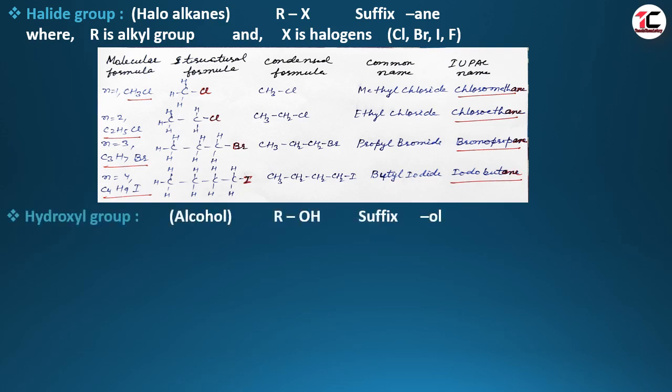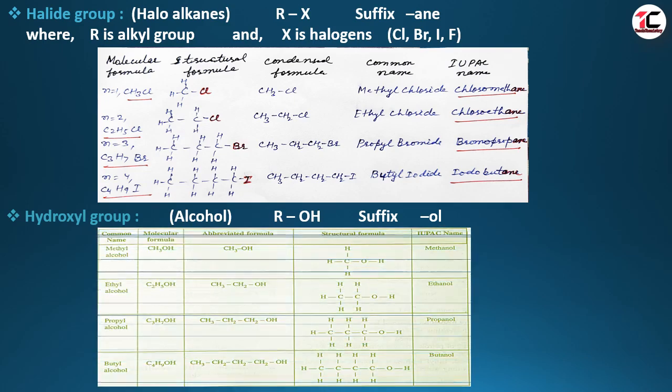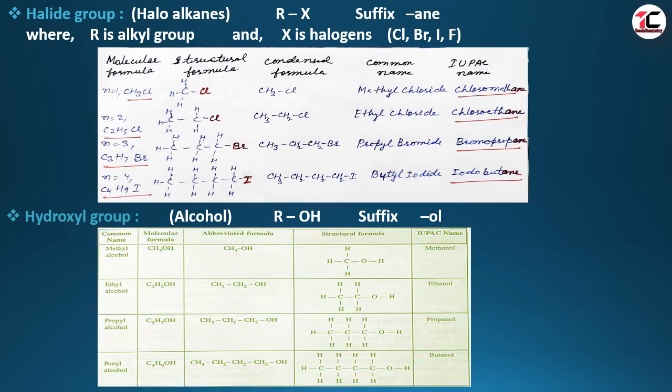The second one is the hydroxyl group. They are also called alcohols. General formula ROH, suffix ol. Let us see in the table. For 1 carbon atom, the molecular formula becomes CH3OH. Here CH3 is the alkyl group and OH is the functional group.